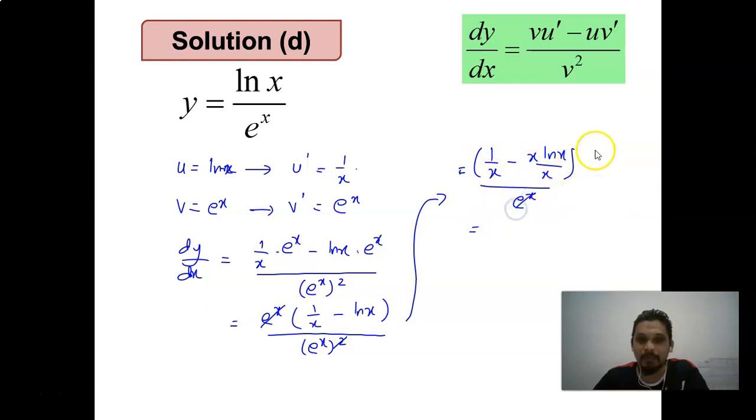Come up with 1 over e^x. So then 1 minus x natural log of x divided by x.